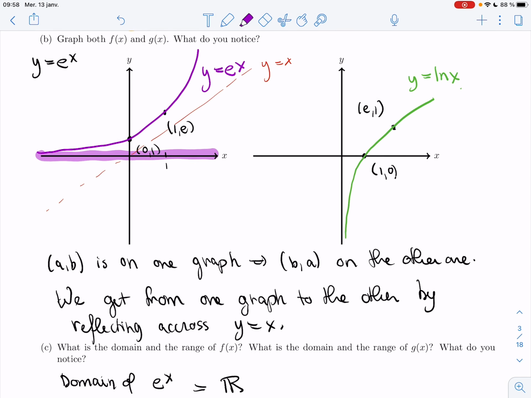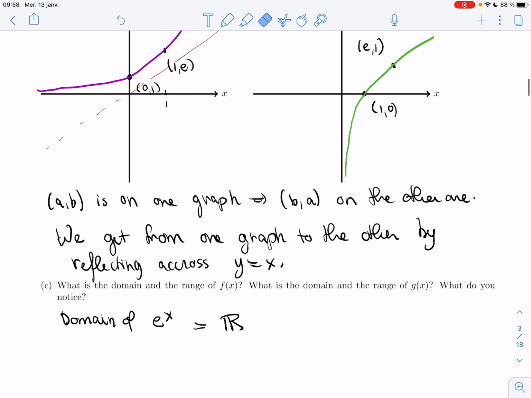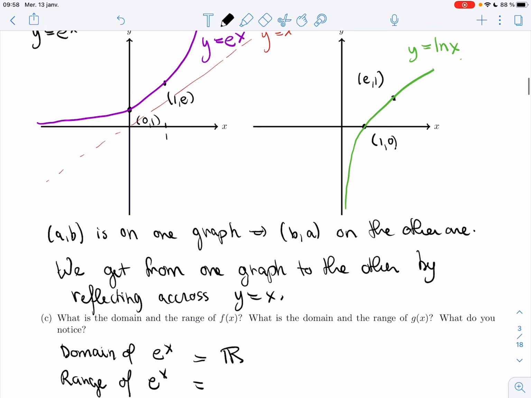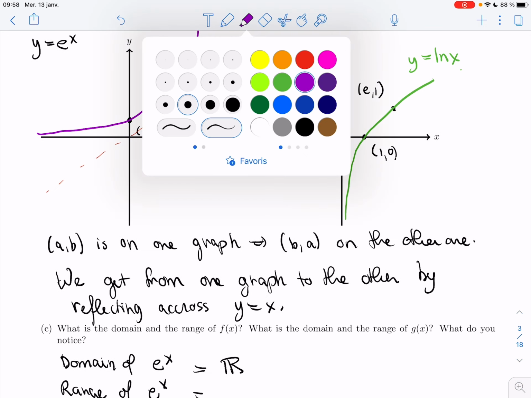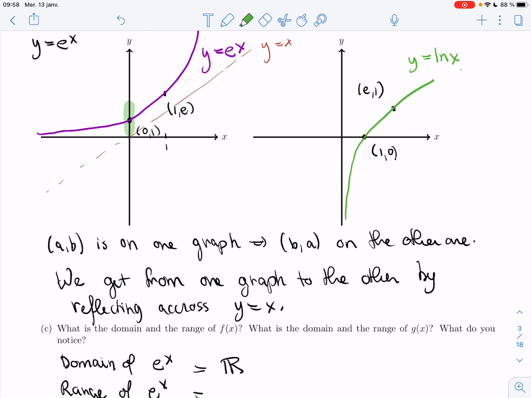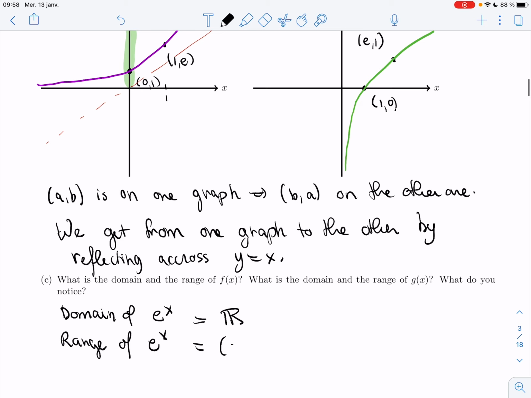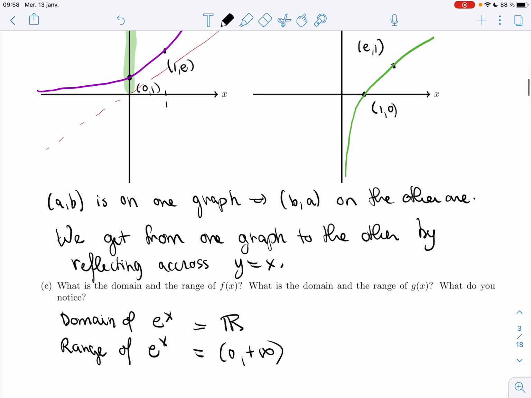Every value of x is hit. If I look at the range, so these are the values of y that are hit. Well, I'm not hitting every value of y. I'm only hitting the positive ones. I'm not even hitting 0. I'm skimming 0, but I will never actually touch it. So from 0 to plus infinity.